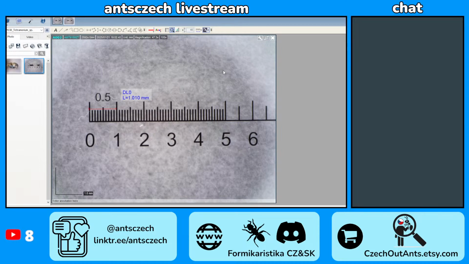You use what? ImageJ. Oh yeah, I don't have much experience with that. But there are different calibration levels that you can make, and I made them before I started measuring the Odontomachus.